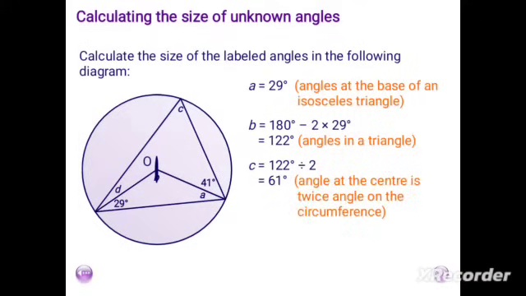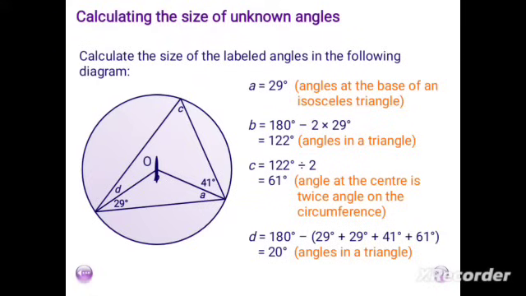Moving to C, we can relate C and B because we can see C is the angle at the circumference of the circle and B is the angle at the center. So we have that angle at the center is twice angle on the circumference. That would mean 122 degrees divided by 2, and the value of angle C is 61 degrees.